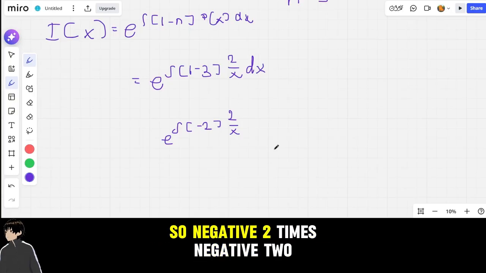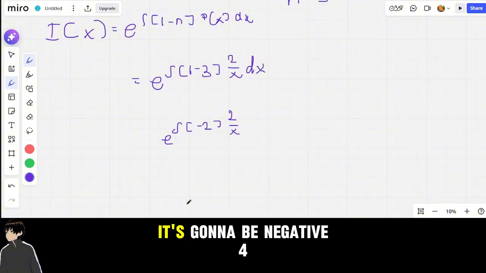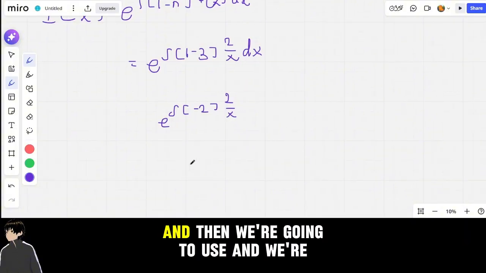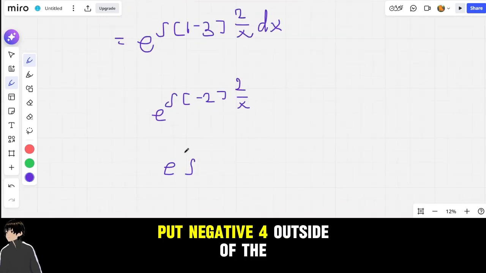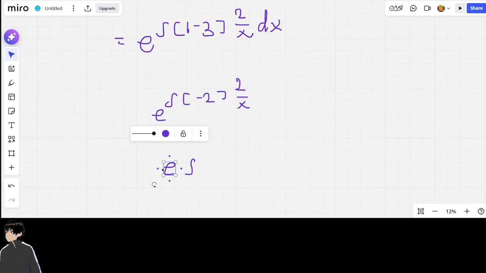So negative 2 times 2 is going to be negative 4. And then we're going to put negative 4 outside of the integral sign.